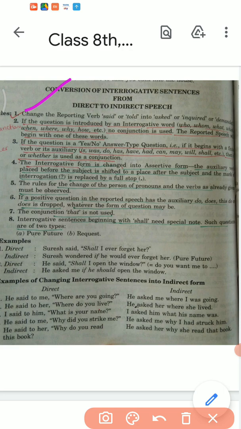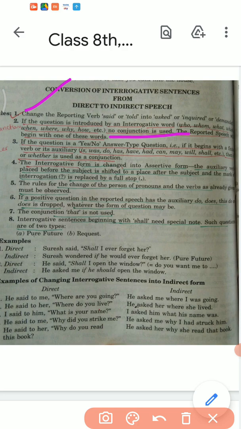In the second point, if the question is introduced by an interrogative word like who, whom, what, which, when, where, why, or how, no conjunction is used. The reported speech will begin with one of these words.